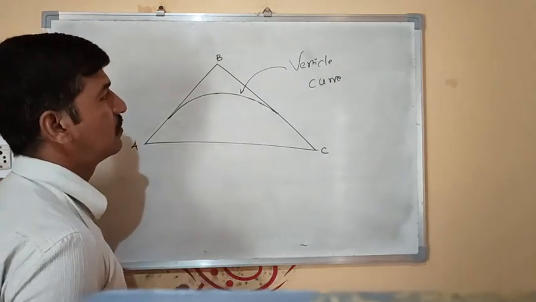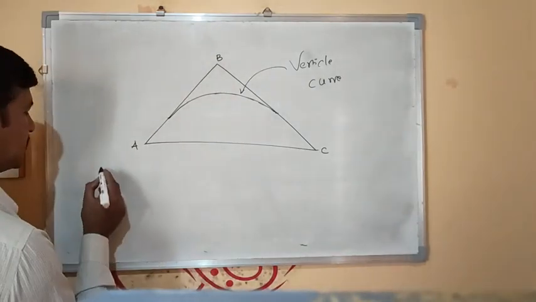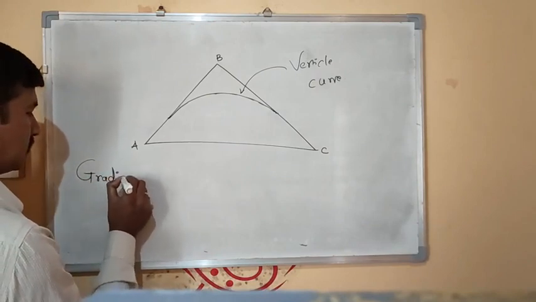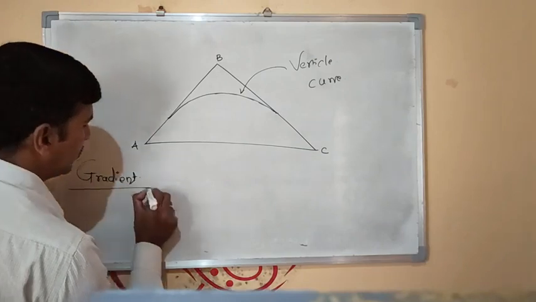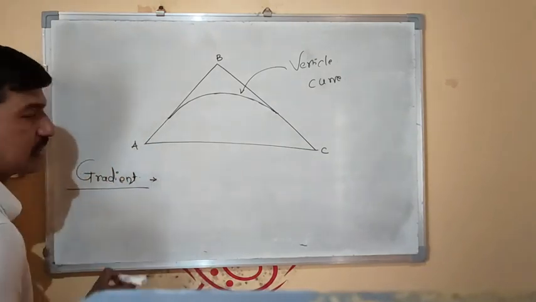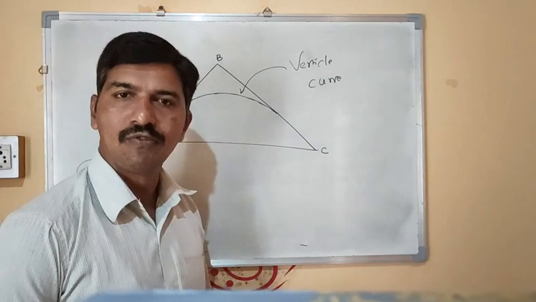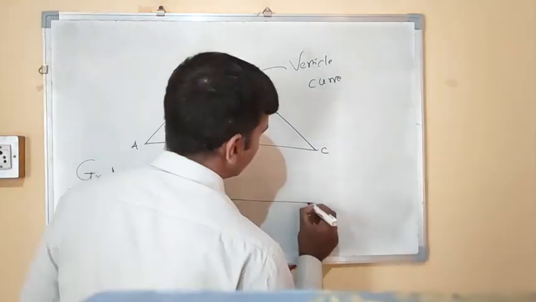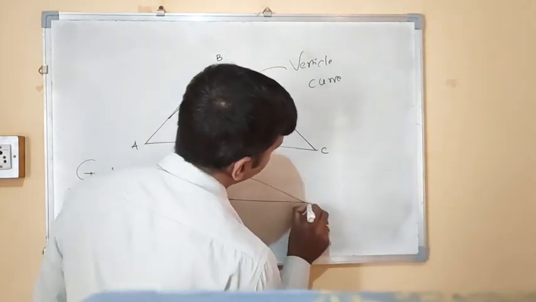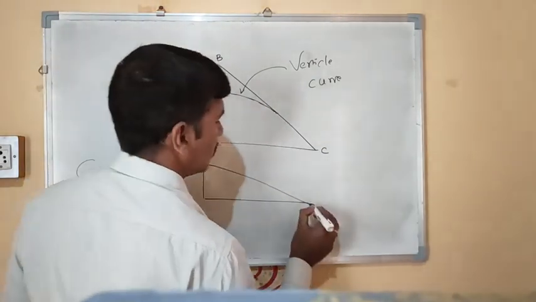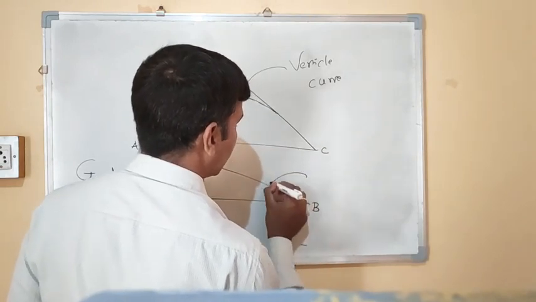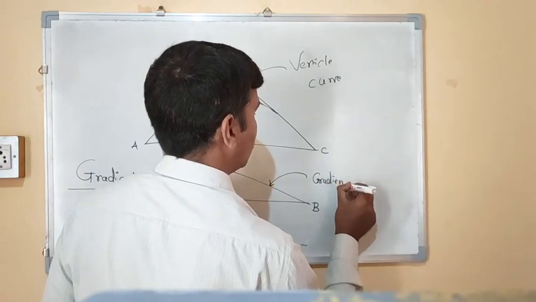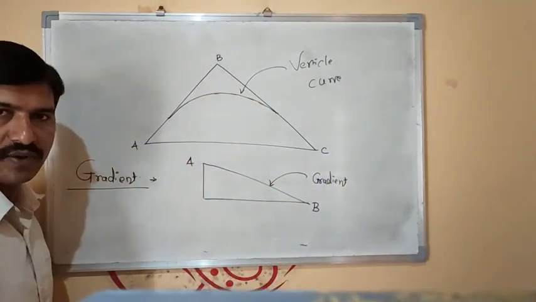Now in the vertical curve, this is called your gradient. Gradients are nothing but the slope of a line. If you look at this figure, say this line is AB, this sloping line AB has some gradient, or you can say some slope.